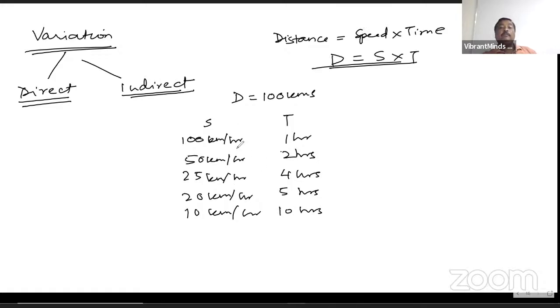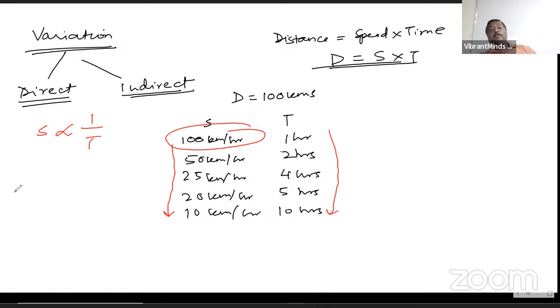If we see, one unit is decreasing and the other unit is increasing. So it happens when speed is inversely proportional to time. Speed is inversely proportional to time.